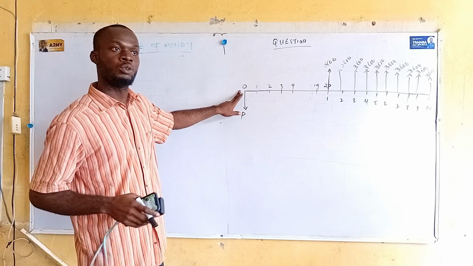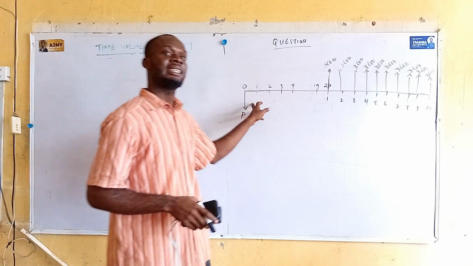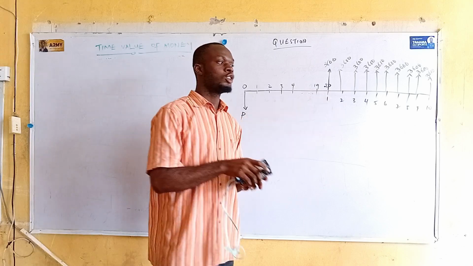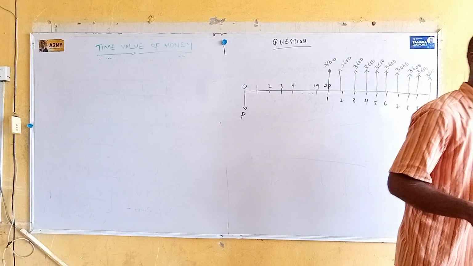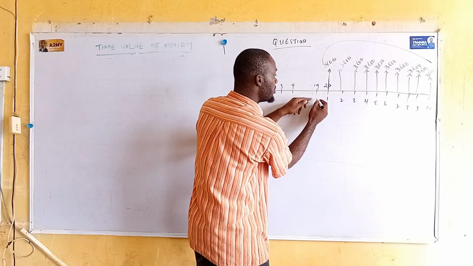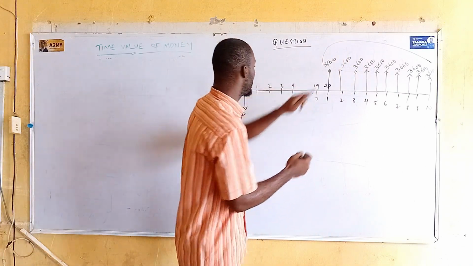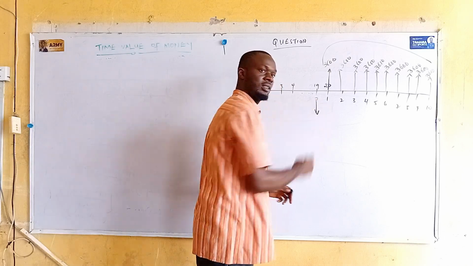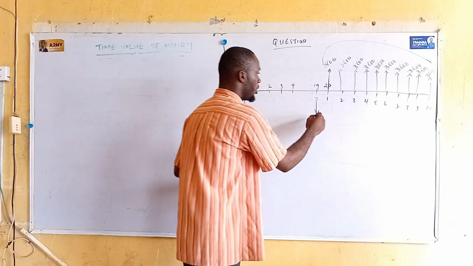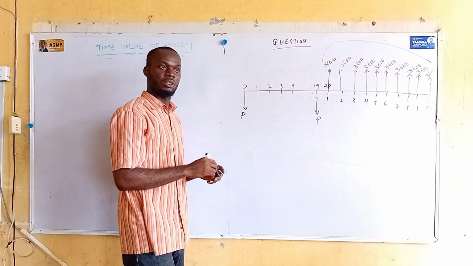So what do we do? There's a time shift. So what we do is find the worth of this money. Here now becomes zero. Let's have the money here first. Once you find it here, you now take it to what? Zero. You understand?